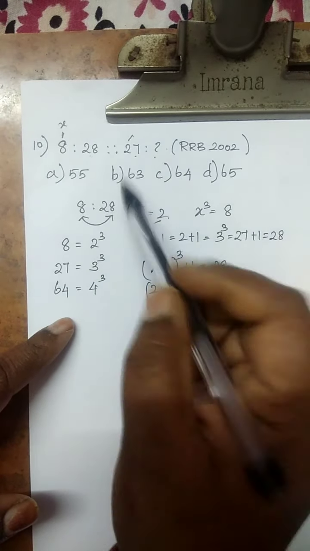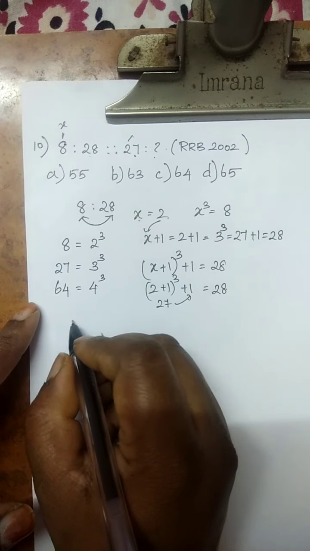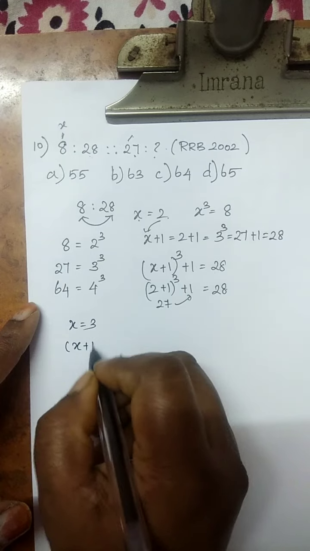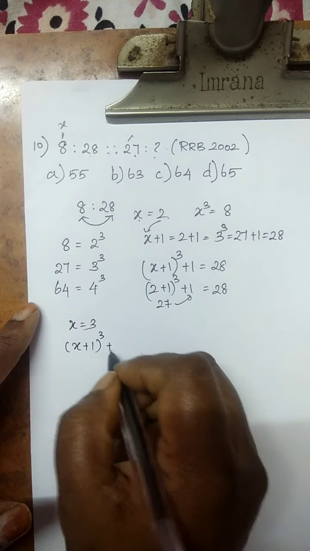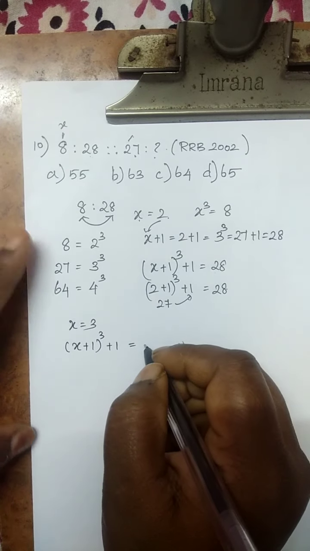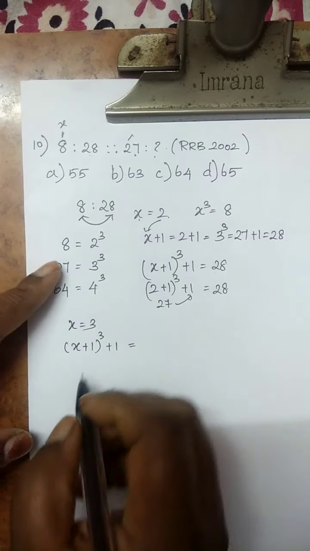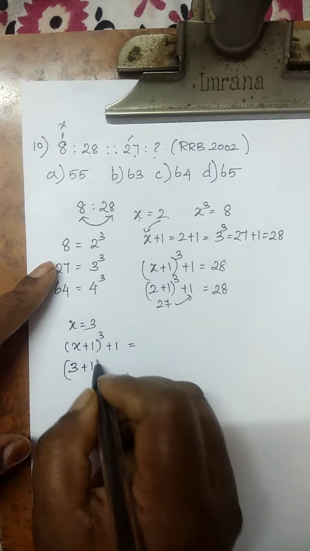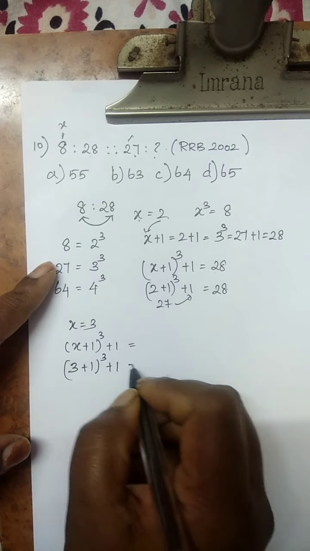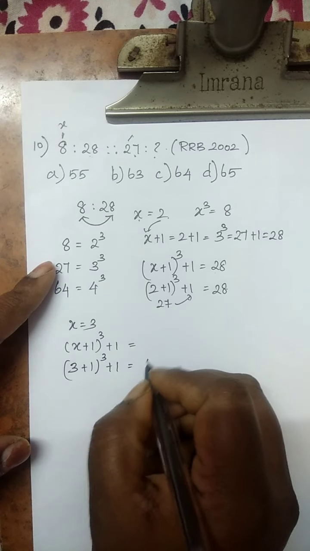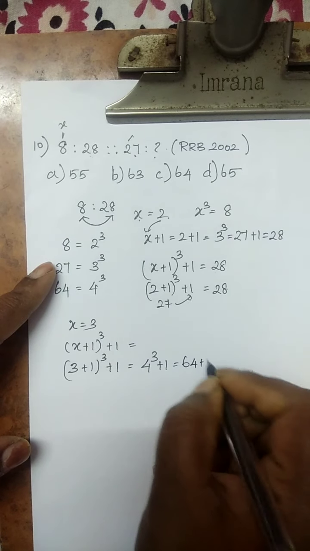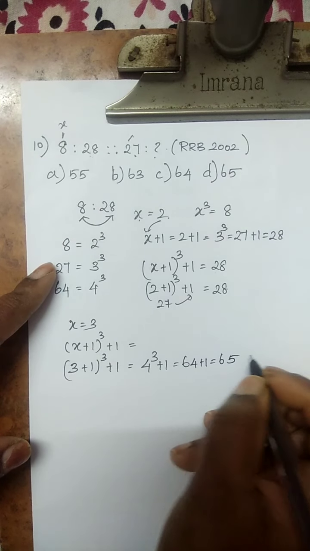Similarly, here it's 3 cube. So now x equal to 3, x plus 1, the whole cube, plus 1 gives some number. We have to find out 3 plus 1, the whole cube, plus 1. That means 4 cube plus 1. 64 plus 1 gives 65.